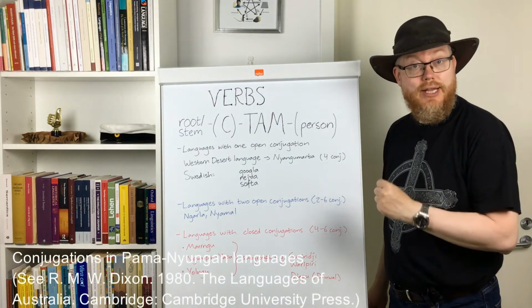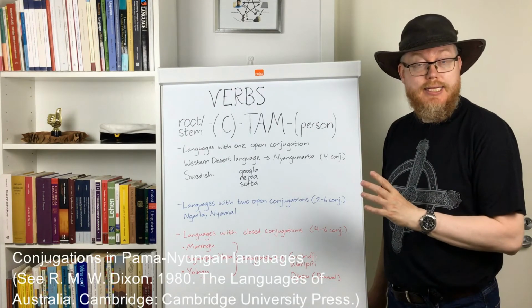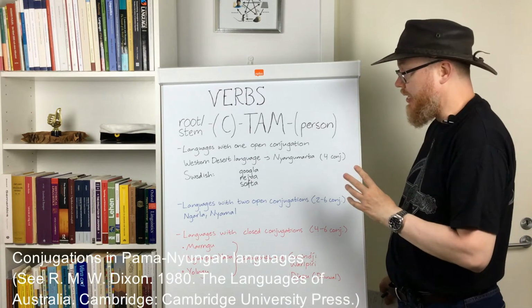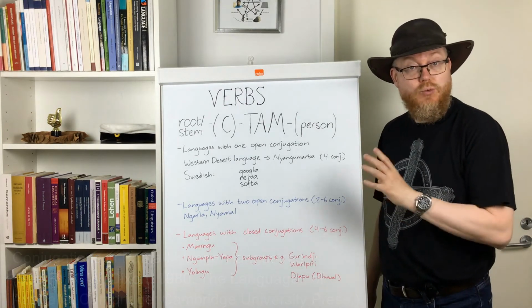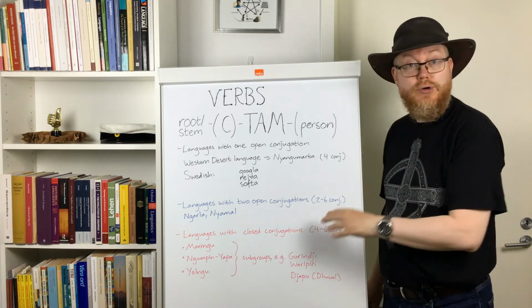Yes, so Dixon, in his book The Languages of Australia in 1980, he divides Pama-Nyungan languages with verbal conjugations into these three groups.